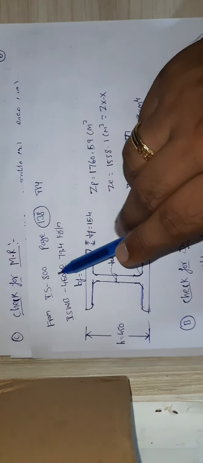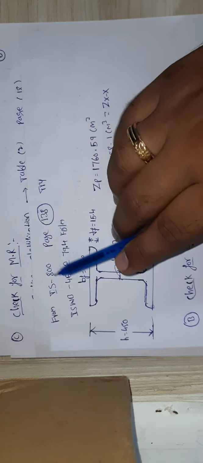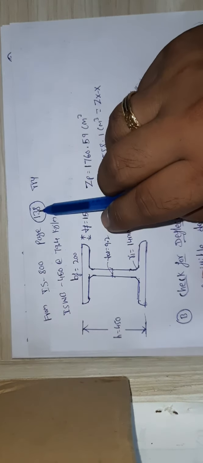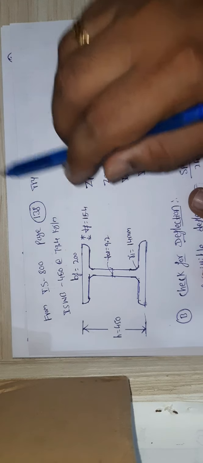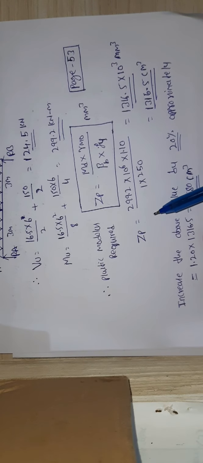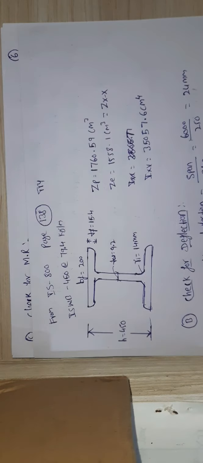Then from IS 800, page number 138, for the required plastic modulus, we need to select the sections. Where do I have to select from?